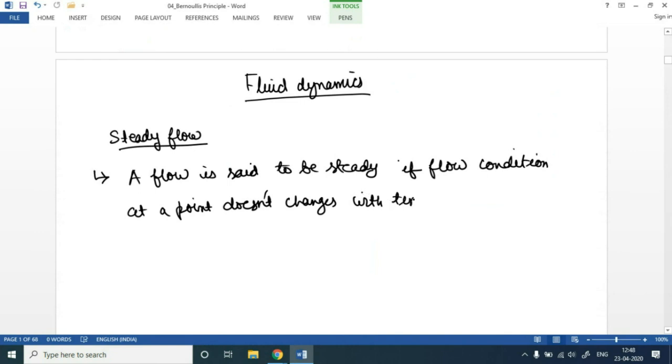If you take any position in the flow pattern, the pressure and velocity at a point is not going to change with respect to time.